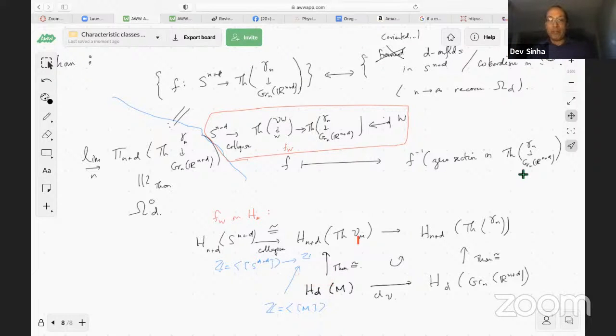And so the image of this F sub W through the Pontryagin-Thom collapse is encoding the image of the fundamental class of M under the classifying map of the normal bundle. Okay, so there's a little distinction here. I told you about characteristic classes of the tangent bundle.